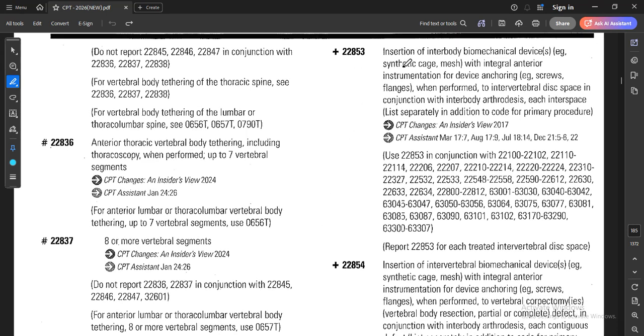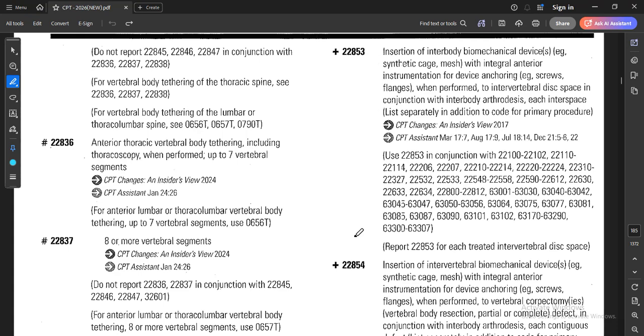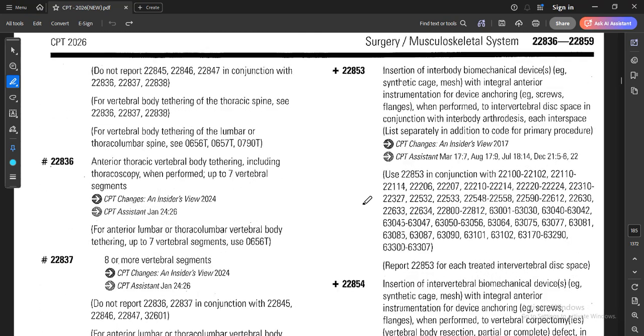So you need to remember PEEK cage. In the operative report, if you see PEEK cage, you will use 22853.